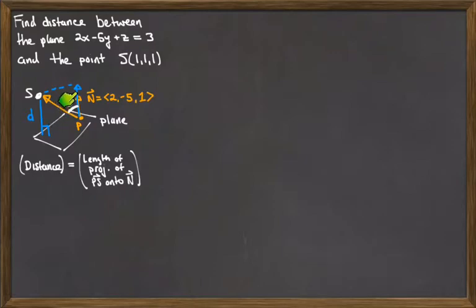I have a right triangle, and the side that I'm interested in is this side here, that is the adjacent side of that triangle. So the length that I'm after is the length of the vector PS, the hypotenuse of the triangle, times the cosine. The adjacent side, remember, was what we were after, so the cosine of theta. This reminds me of the dot product of two vectors because I see the cosine.